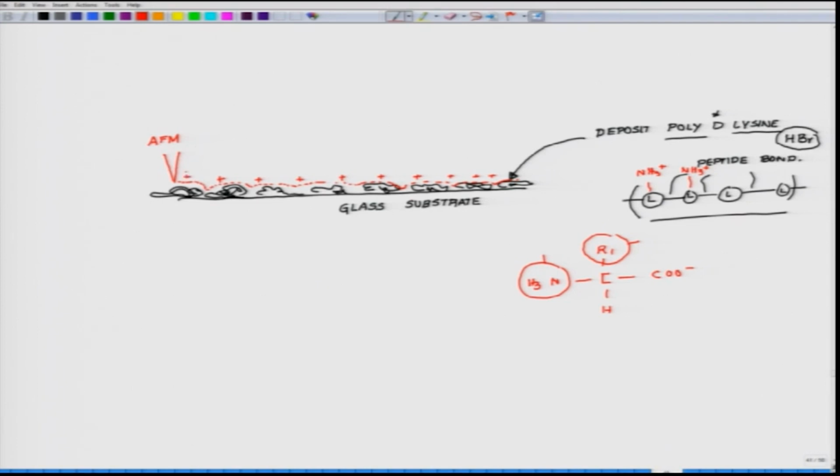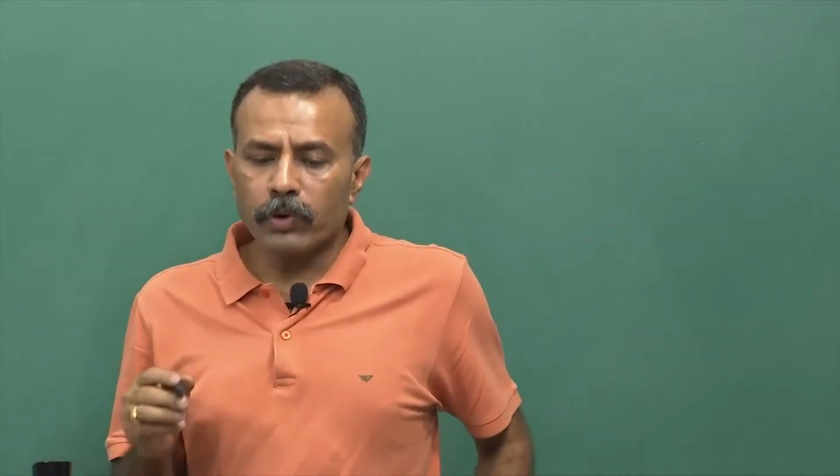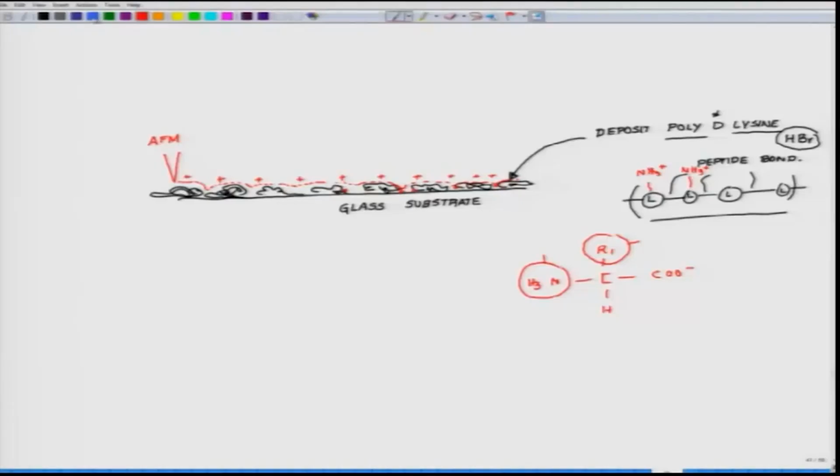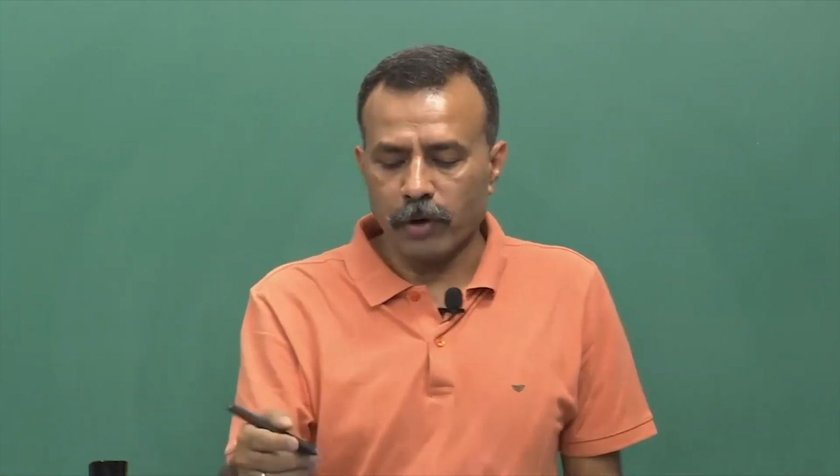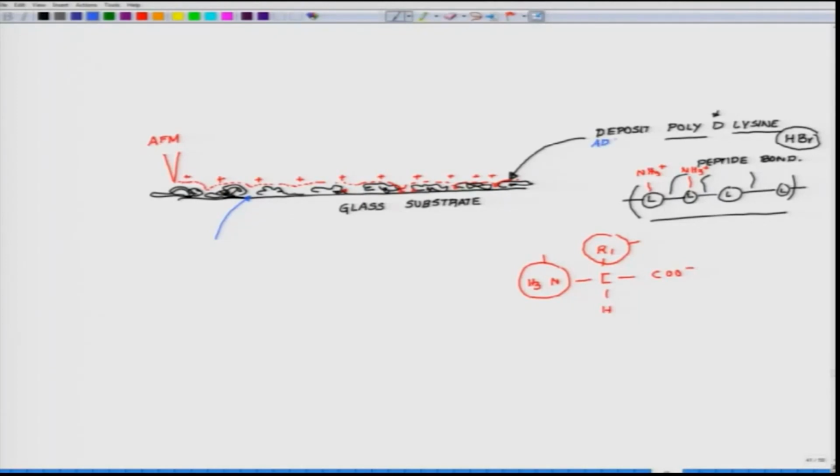What you see essentially is that the molecules attach to the glass surface by some kind of surface interaction. But before you put them on the substrate, you have to clean the glass substrate very thoroughly, because it is precisely a process of adsorption. Depositing essentially means you are adsorbing on the surface. You are not doing any chemical coupling of the poly-D-lysine molecule on the substrate.